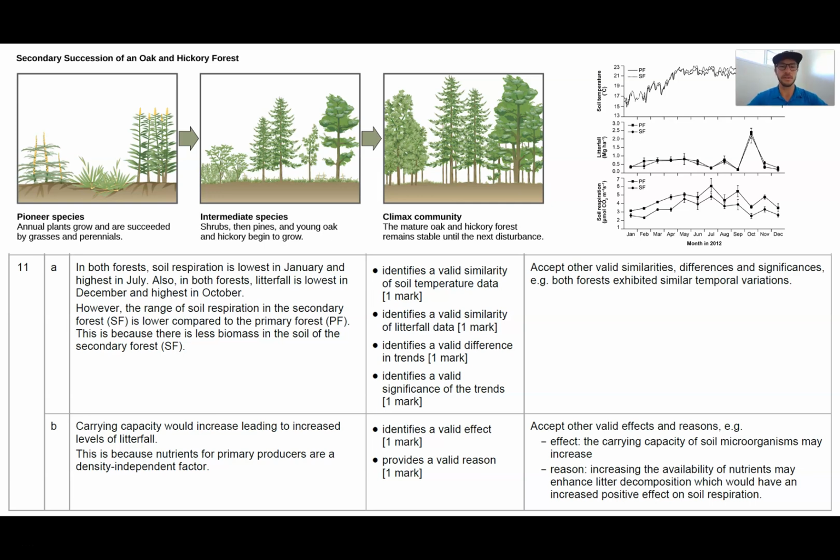A couple of just some definitions, we could say. When there is an event of succession, that's life coming back to where there was no life. So primary is when there's no soil, secondary is when there is soil. But our primary forest is kind of like that forest before there is the climax community.